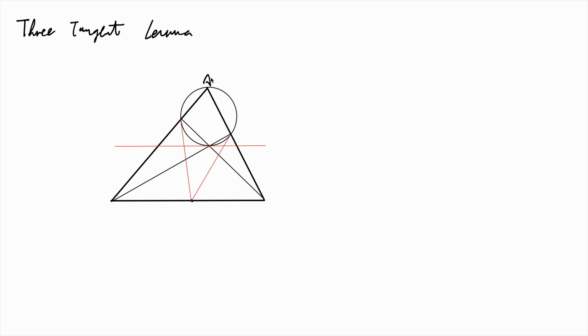Let's call this A, this B, this C. And this is the midpoint, so let's call it M. ABC, D, E. Let's call this orthocenter H. So this is basically it.